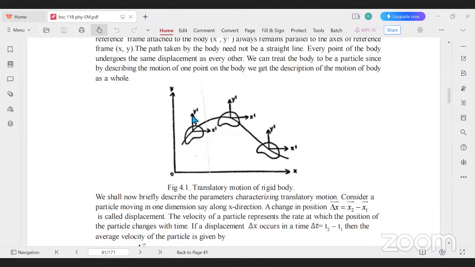So we can write front, back. If I'm going this way, this will be the positive, this will be the negative. On the x-axis it will be -1, and y will be 0, z will be 0. If I'm going in the negative y axis, I can write y as -1, x and z will be 0.